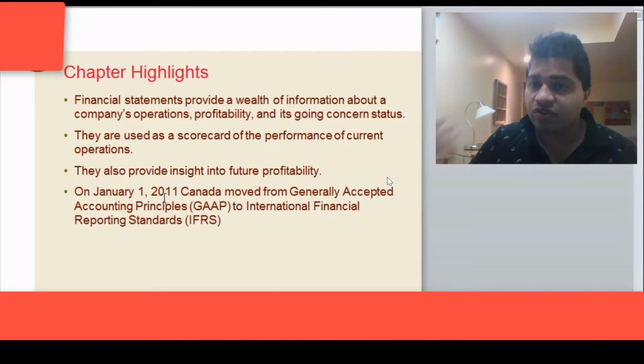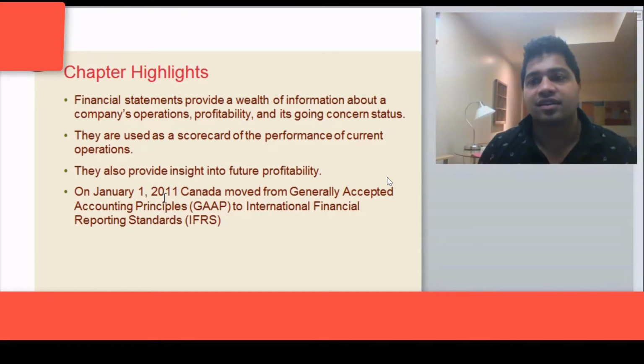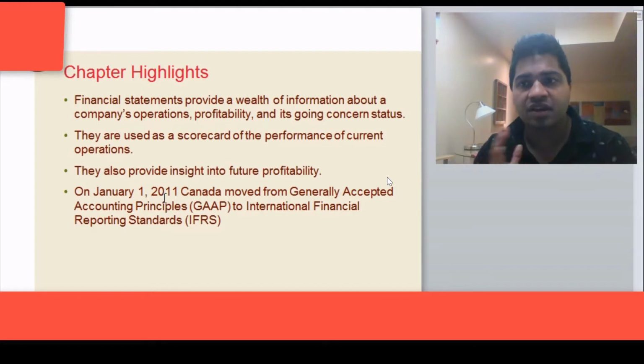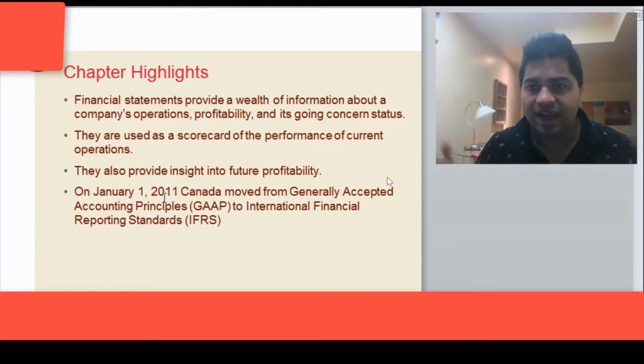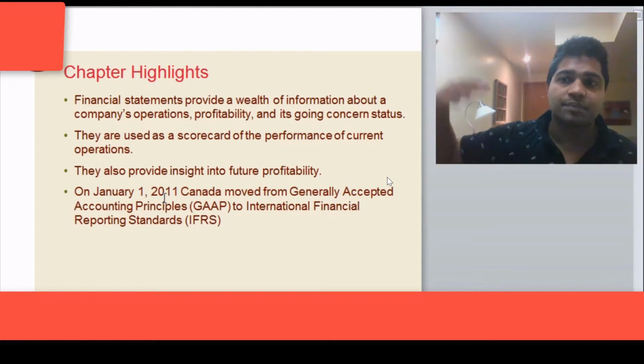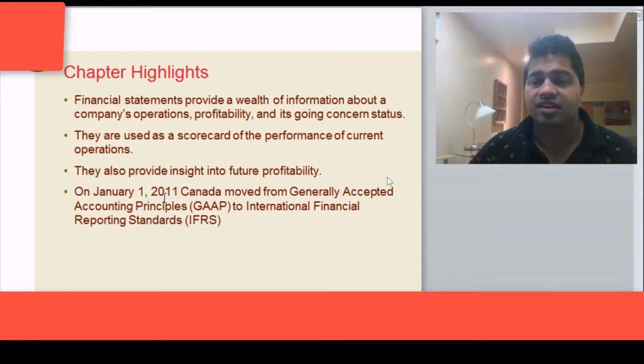You have to follow a certain principle, but you have the flexibility of deciding how to present it. You have to give disclosures of how you are presenting it, but you have enough flexibility there. IFRS also makes it easier to compare. So now we can compare a Canadian company with a US company and simultaneously with a European and an Asian company if all of them are following the same accounting standards.